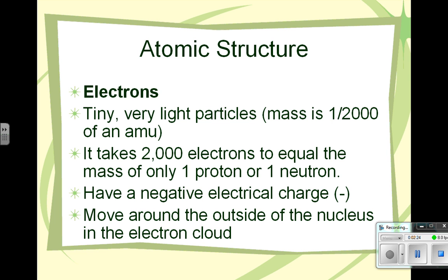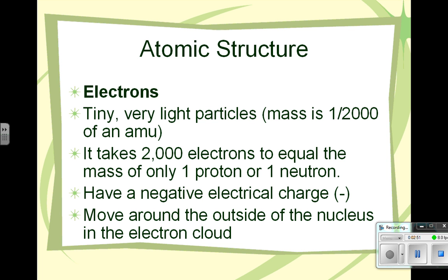Electrons, they're tiny, very light particles. Their mass is only 1/2000. That's a very small fraction, right? 1/2000 of an AMU. It takes 2,000 electrons to equal the mass of only 1 proton or just 1 neutron. Okay?